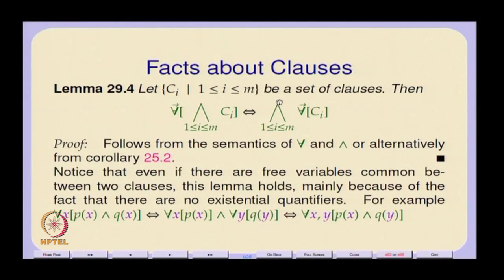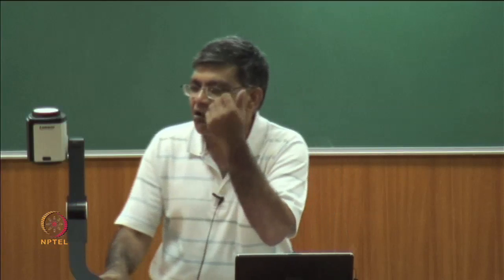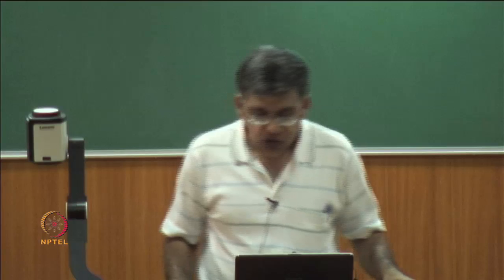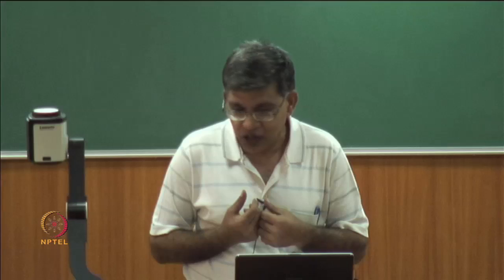So the first thing is that what this has shown me is that I can blindly take universal closures, whether there are free variables or not. So you take a collection of clauses, Ci and Cj, having been standardized apart, will have different sets of variables.